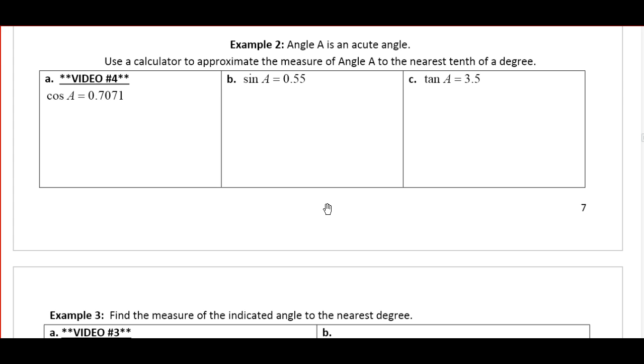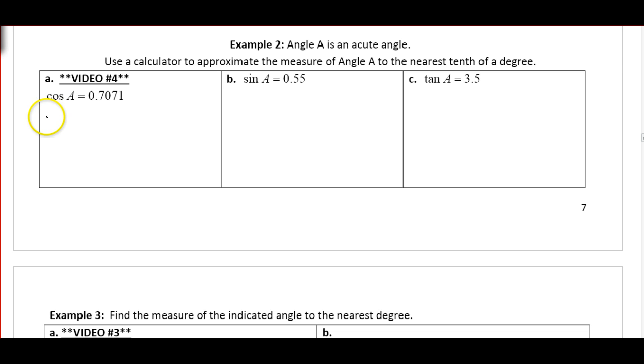In the first example, I'm going to show you how to use the inverse on both sides. And then for the second example, we'll do the work a little bit differently to save some time and space. So here we're trying to find the value of angle A, and I need to undo the cosine.